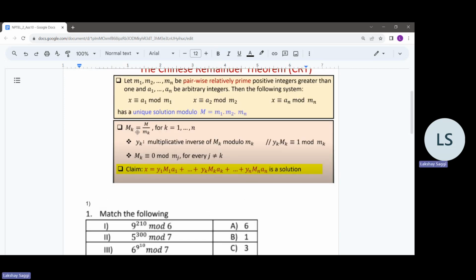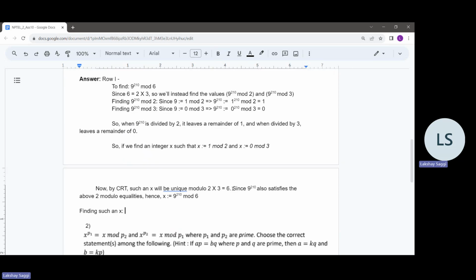To be a bit more clear, note that the two congruences here are x congruent to 1 mod 2 and 0 mod 3. So a1 is 1 and m1 is 2. Similarly, a2 is 0 and m2 is 3.